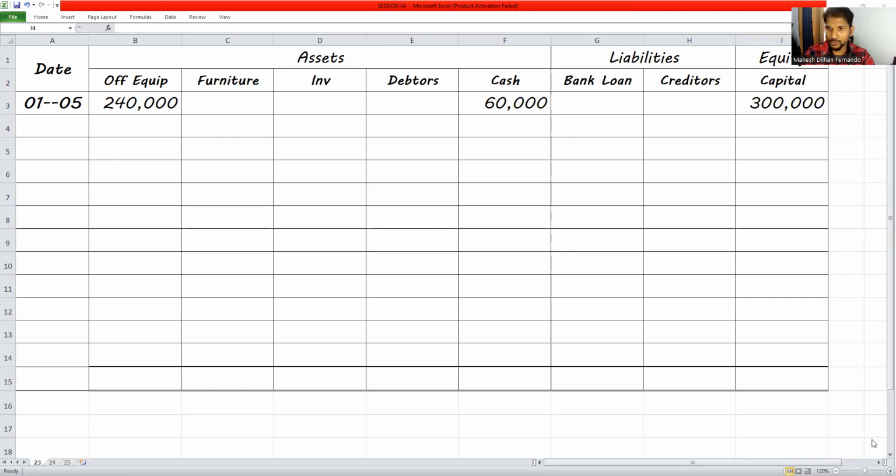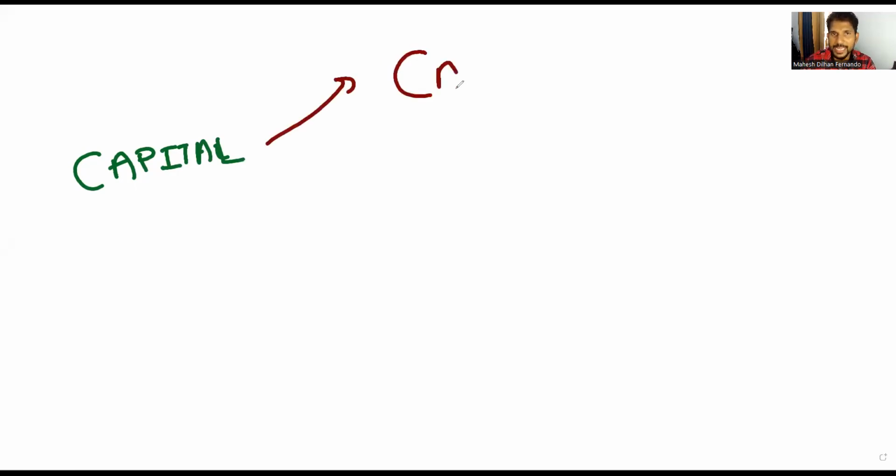Now hereafter you have to remember this whenever you get into this particular subject. The owner can invest capital in different forms. First, he can introduce capital in cash.